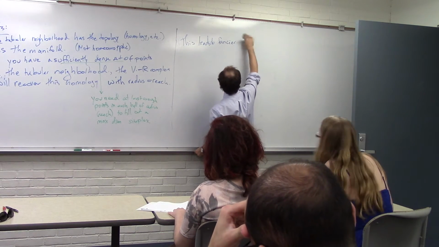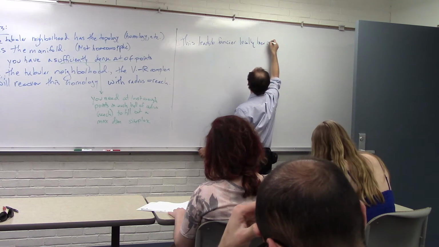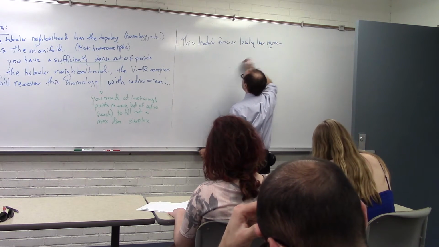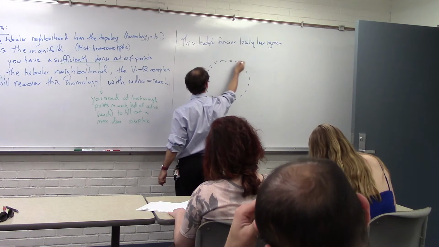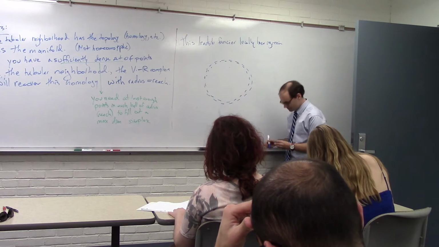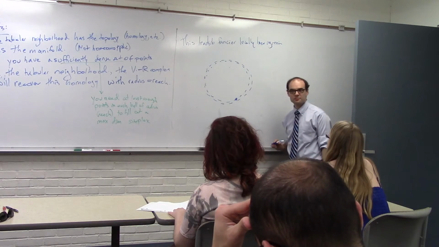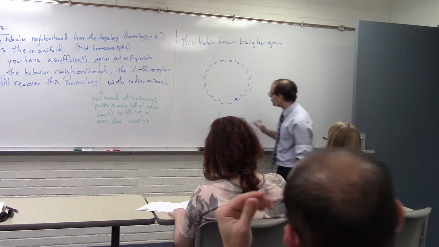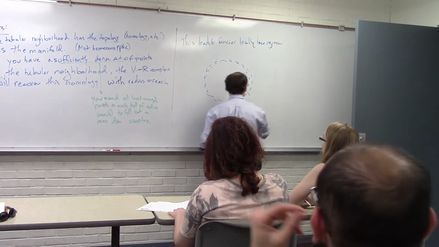Not linear regression, but rather locally linear regression. Here's my point cloud. What you do is you pick a point. It's one of those data points. And you grab only the points in this region.